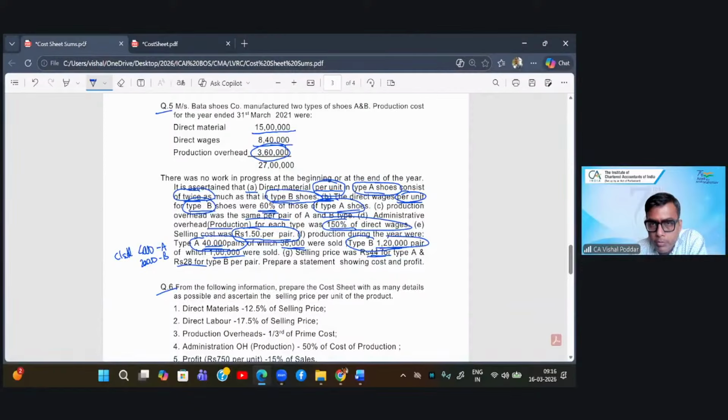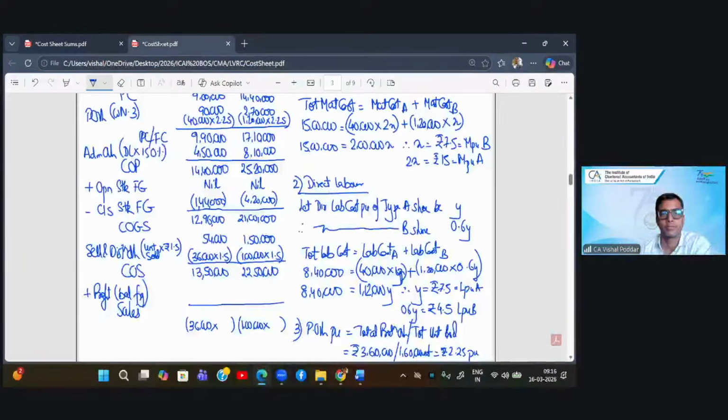The selling price is 44 and 28. So 28 into this is 28 lakhs, and it will be 550, which is the profit here. Now 36,000 into 44.